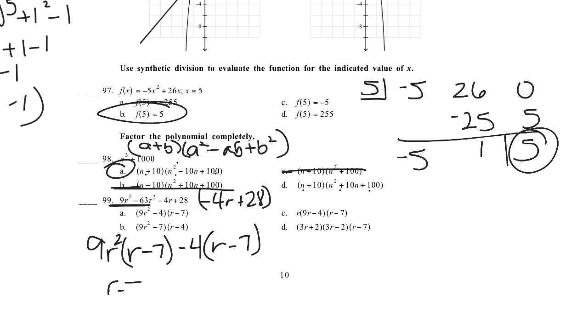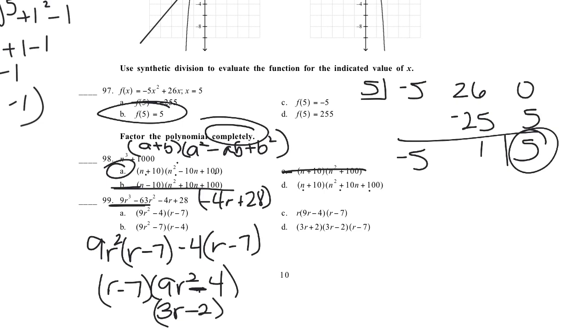Now I get R minus 7 times 9R squared minus 4. And notice that answer is there, but that answer is not correct because it says factor completely. This is a difference of squares, so I need to write that as 3R minus 2 and 3R plus 2. So don't get fooled. When it says completely, you have to make sure you factor it all the way. And so that leaves the answer D.